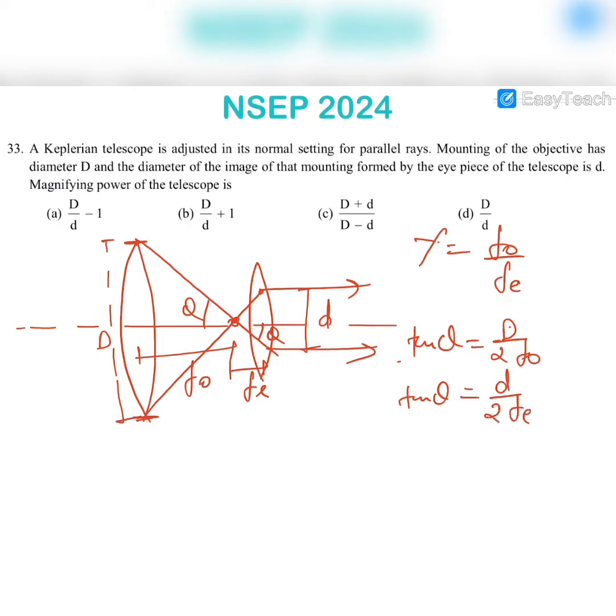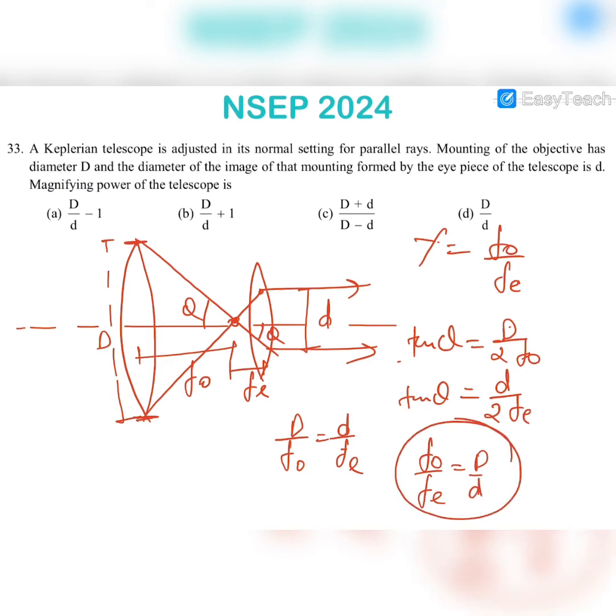And when we equate these two, then D by FO will be equal to d by FE. So FO by FE will be equal to capital D by small d. So the magnification of this telescope in normal adjustment will be D by d.